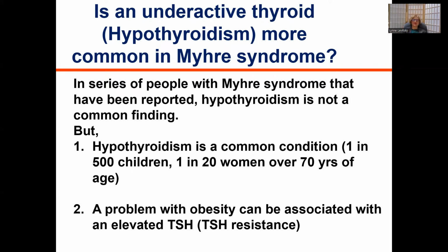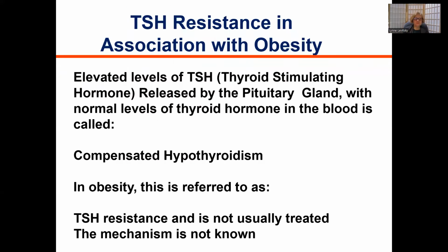And that gives you a condition called TSH resistance. And sometimes that can be diagnosed as a thyroid problem, which it may not be. So if you are suffering with a weight problem, you may have TSH resistance.